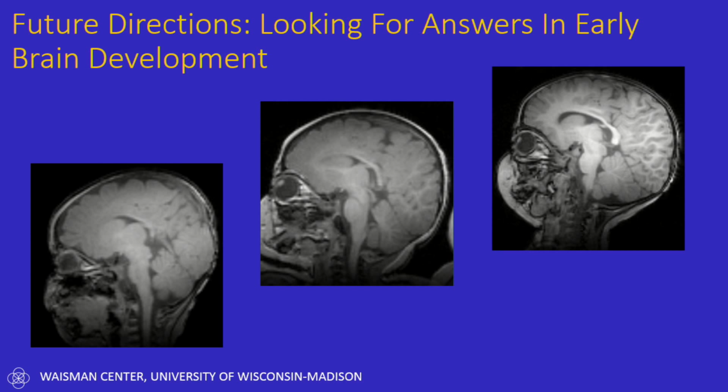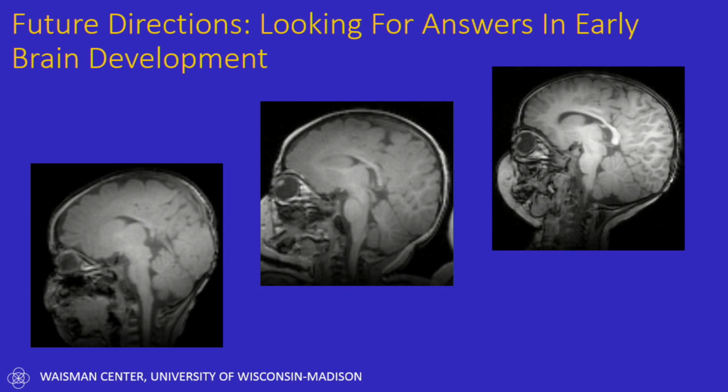It's one of the fastest growing periods of development, the first 0 to 2 years of life. We see an explosion of white matter development in the brain. Early on in life, there's very little myelinated white matter, and over time, that process is very rapid. And by about 2 years of age, the brain is already looking adult-like.